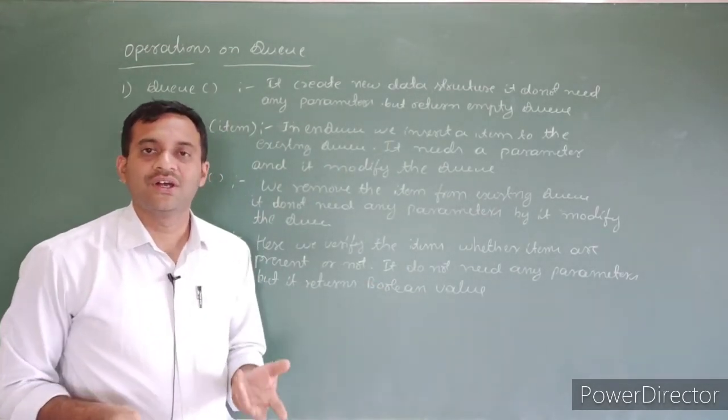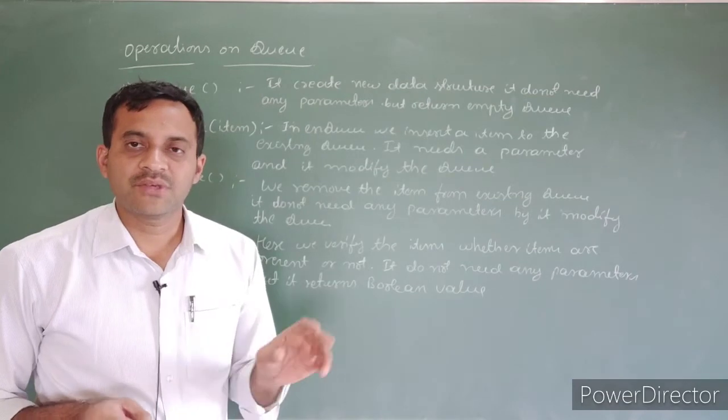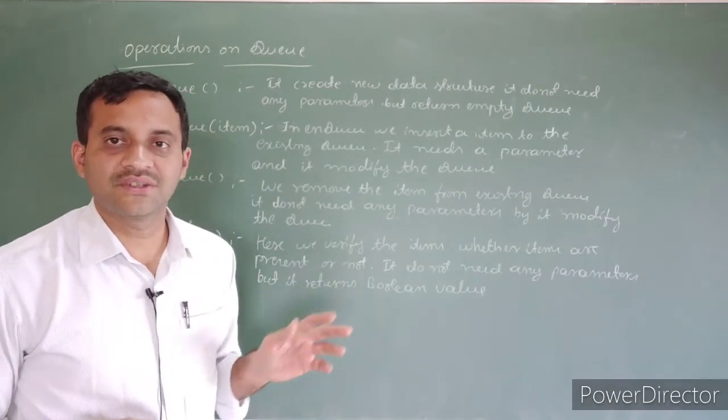Here Boolean values are again true or false. If there is no item, then it returns true, otherwise it returns false.